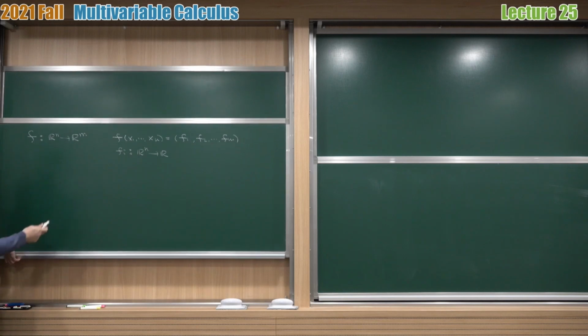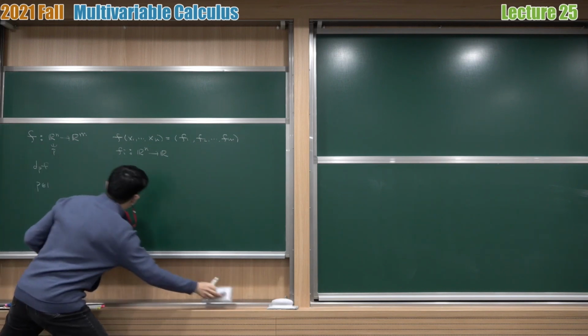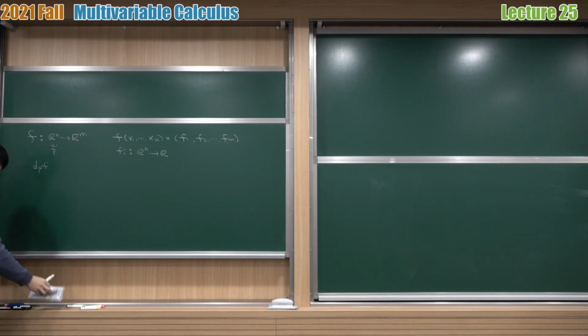And if we want to find out the derivative of this multivariable function at the point P, where P is a point in Rn, which is the domain of F, then we say that it's a matrix.